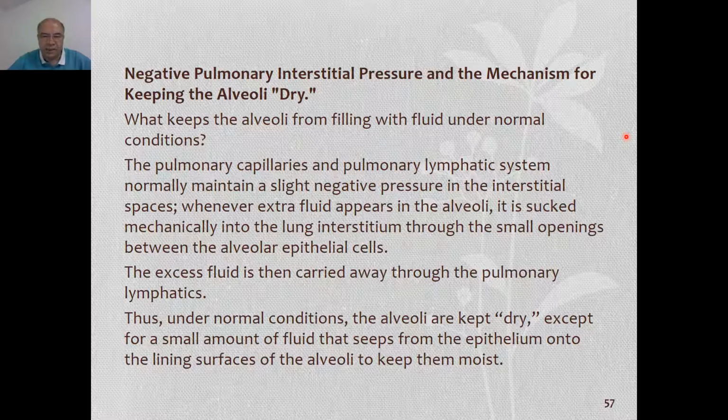Whenever extra fluid appears in the alveoli, it is sucked mechanically into the lung interstitium through the small openings between the alveolar epithelial cells. The excess fluid is then carried away through the pulmonary lymphatics. Thus, under normal conditions, the alveoli are kept dry, except for a small amount of fluid that seeps from the epithelium onto the lining surfaces of the alveoli to keep them moist, to keep them wet.